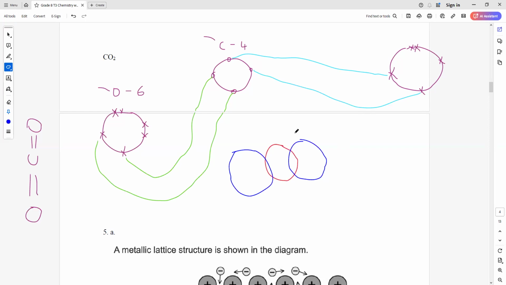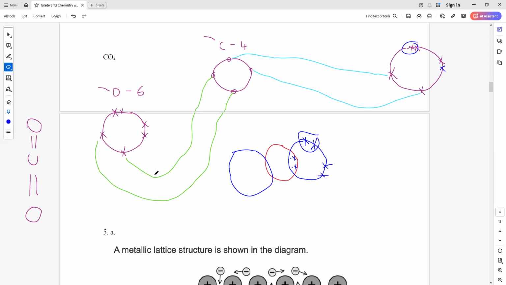Here this is paired with this. So here a dot and cross, then here a dot and cross for this sharing, right? I should have drawn another pair, because in the outermost shell of oxygen we have 6: 1, 2, 3, 4, 5, 6. Now here I have to draw these two paired, and again this and this.